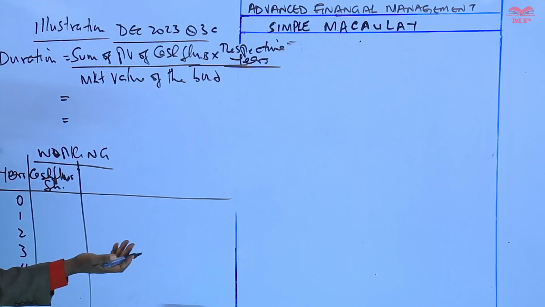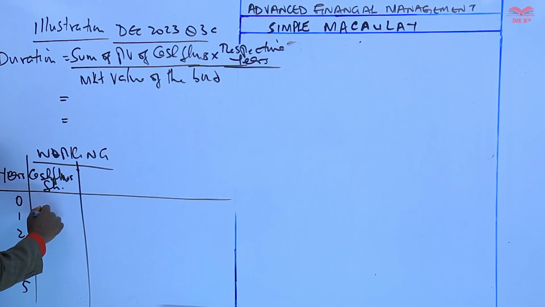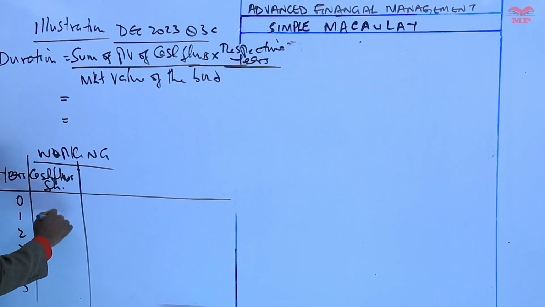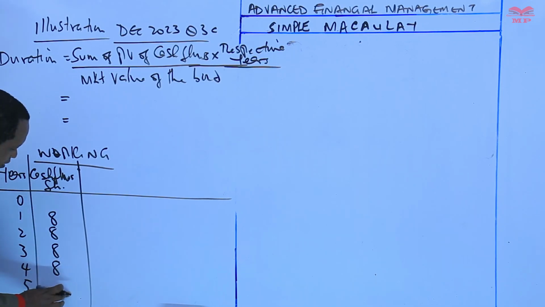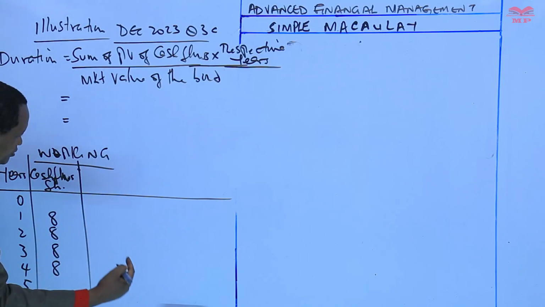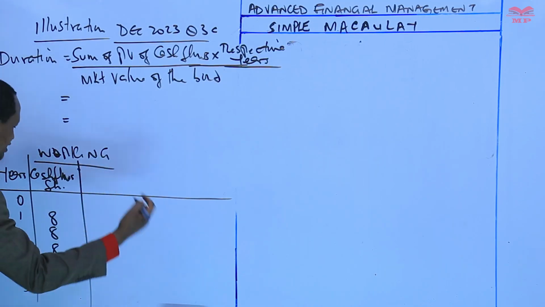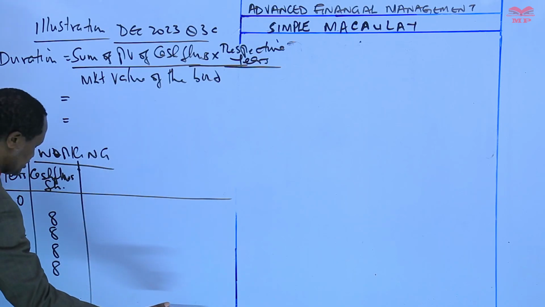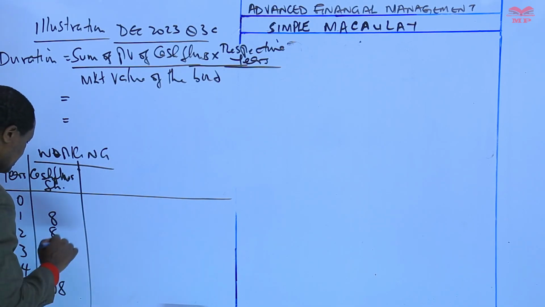So 8% of 100 shillings is 8 shillings. So at the end of every year, the investor will be receiving 8 shillings, until the 5th year, when the investor will recoup the par value of the bond plus the interest, which will be equal to 100 shillings plus 8 shillings, being equal to 108.